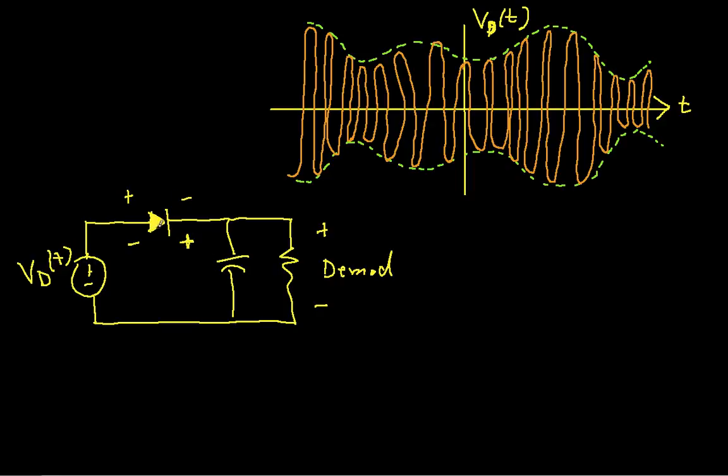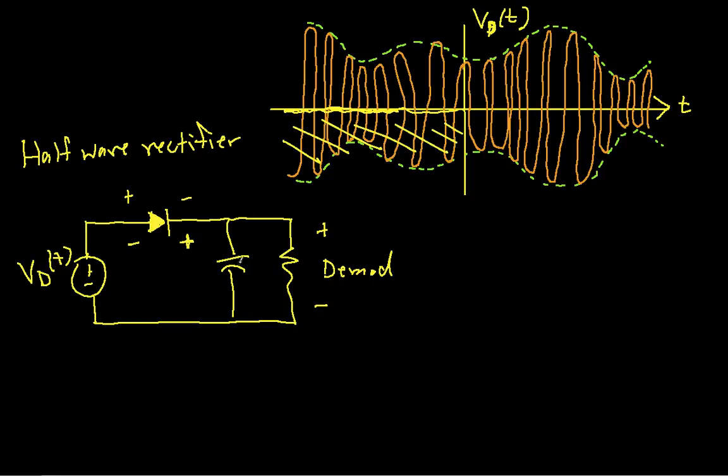Okay, this diode acts like a half-wave rectifier. And again, conceptually what that means is it takes our signal and just chops off the positive part, or I guess you can say it chops off the negative part and just throws it away.